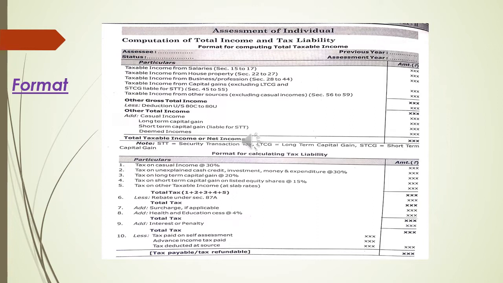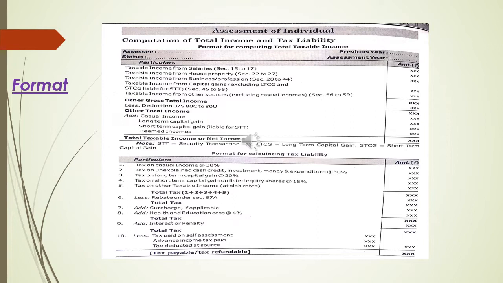Now we have to add them back: casual income, long-term capital gain, short-term capital gain with STT, and any other deemed incomes if there are any. All that we have to add back to arrive at the total taxable income, also called net income.